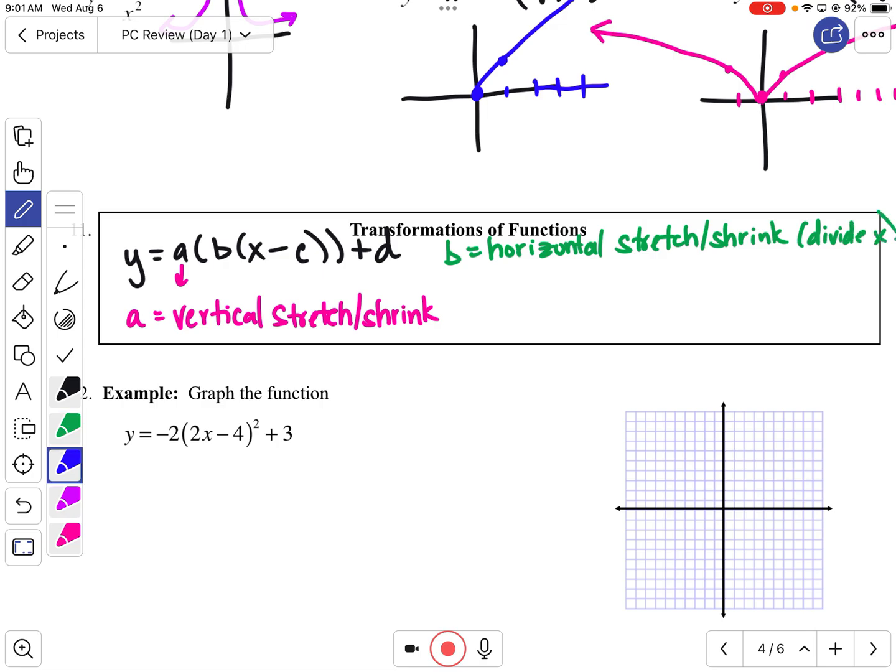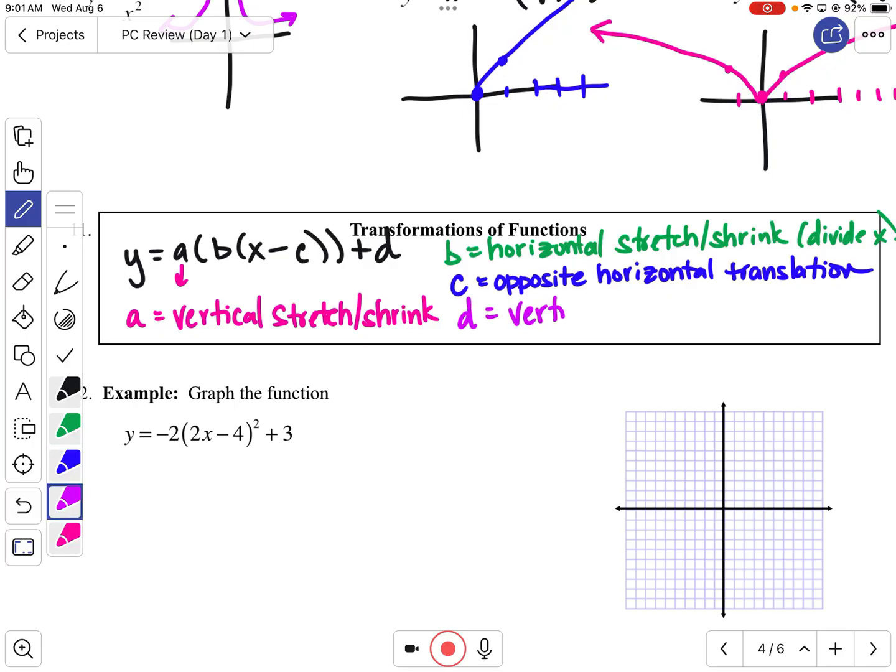Okay. And then for C, we do the opposite, and that's going to give me my horizontal translation. How far do I go left and right? And then D, we keep the same, is our vertical translation, up or down.